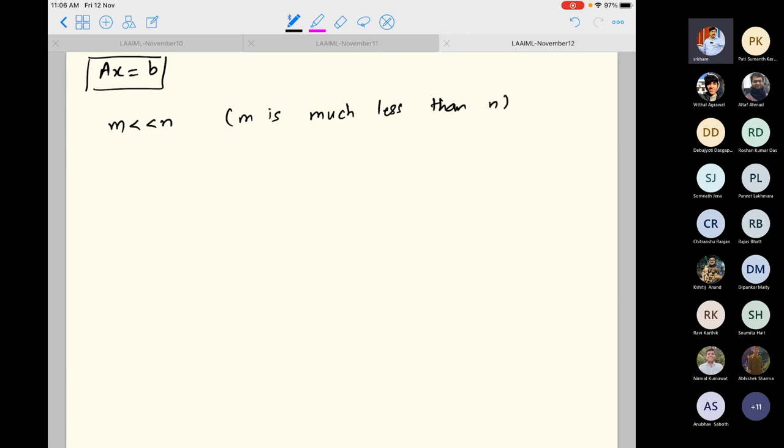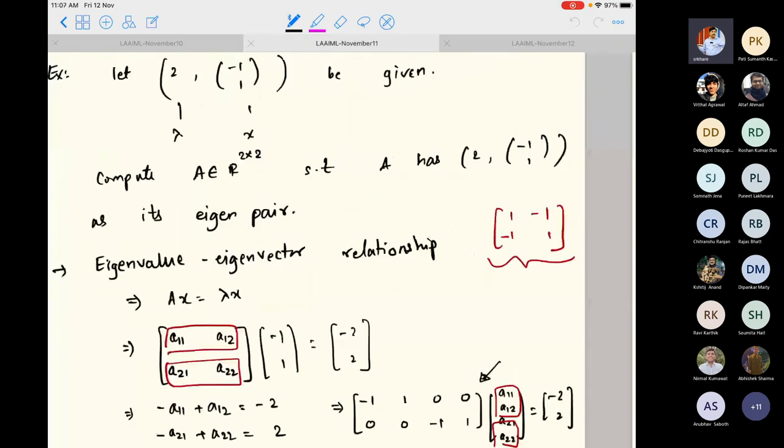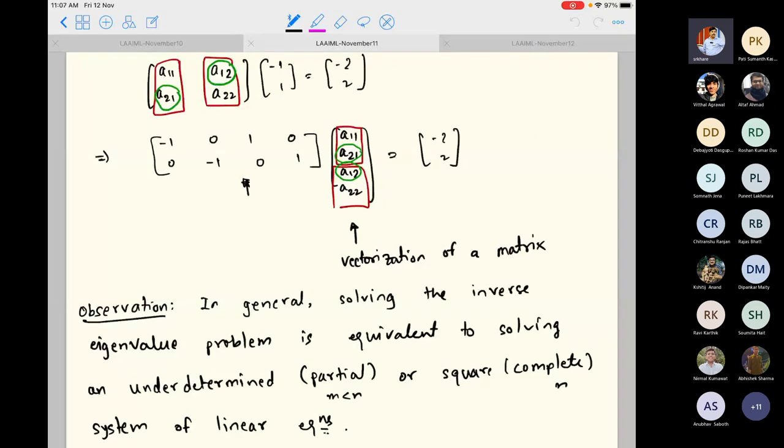So typically the matrix A I am looking at is really like this. One such problem we saw yesterday itself. In yesterday's discussion, we saw this type of problem, where A is a wide matrix.